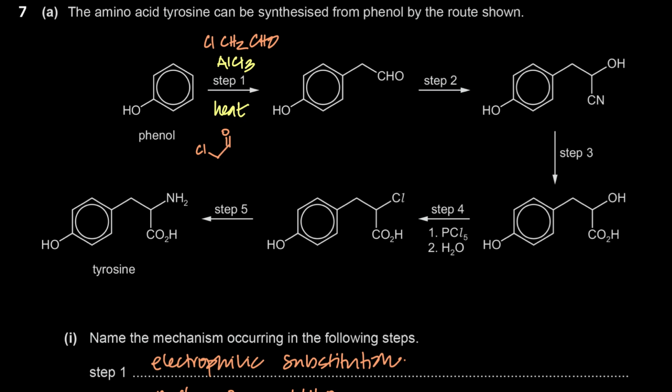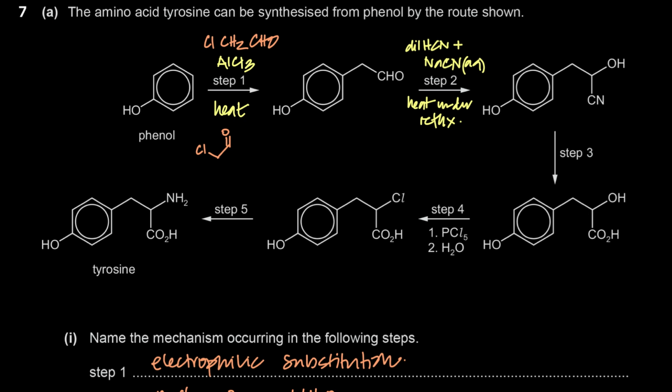And then in step number 2, the CHO is becoming a hydroxynitrile. That's nucleophilic addition. And if you remember, you needed dilute HCN and aqueous NaCN, and the condition is heat under reflux.